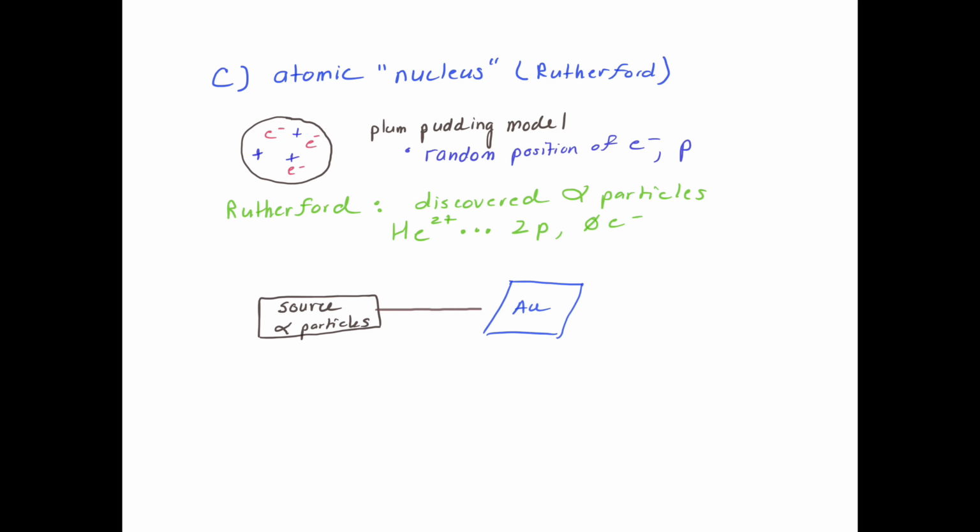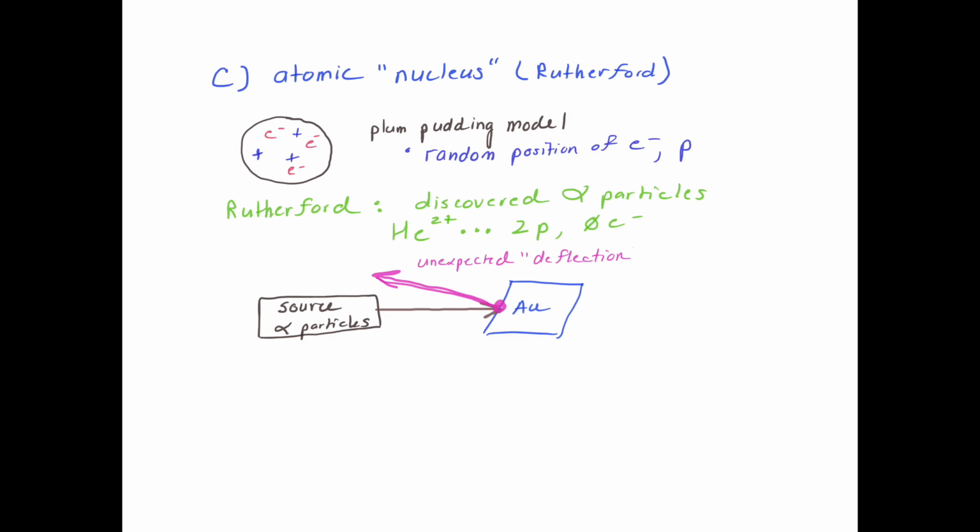So if the plum pudding model existed, you would expect to see deflection off of the electrons in all directions. But what actually was observed is that the beam came back almost entirely back at the original direction of the source of the alpha particles, the positively charged particles.